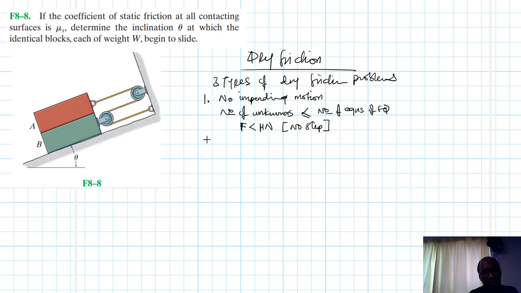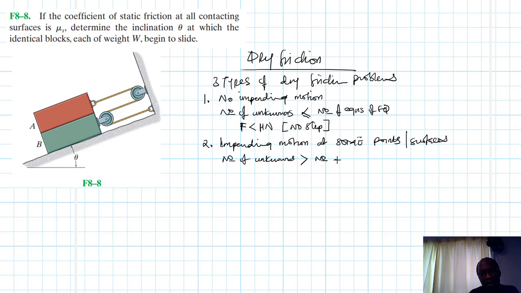The second type of problem is where you have what is called impending motion at some points or surfaces. These are contacting surfaces. In this case, you expect the number of unknowns to be greater than the number of equations of equilibrium.